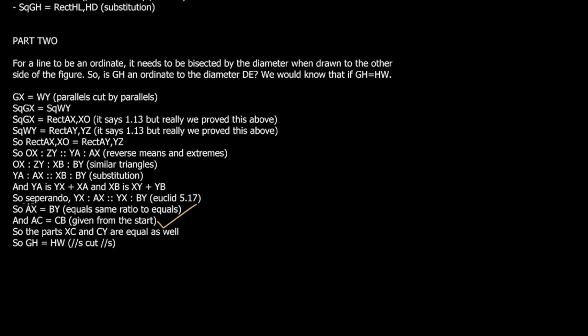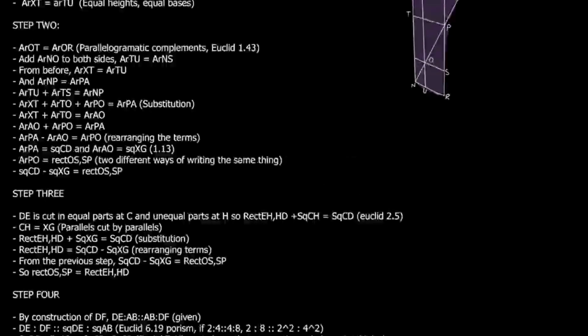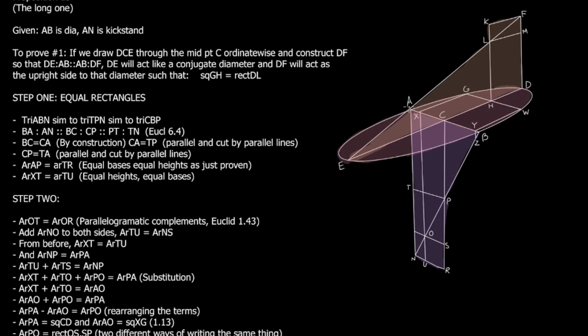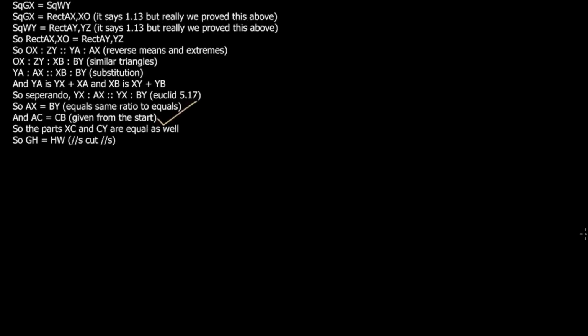So that means, let's just remember AX and BY. One second, let's go up. So AX equals BY and AC equals CB. So that means these remainders XC and CY must also be equal. So that's what we're doing. XC, CY are equal.